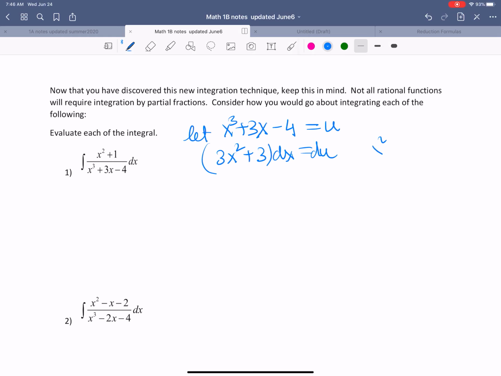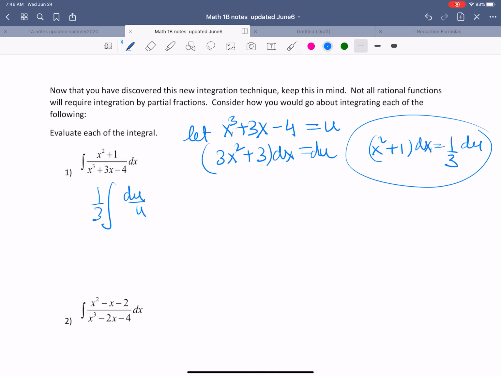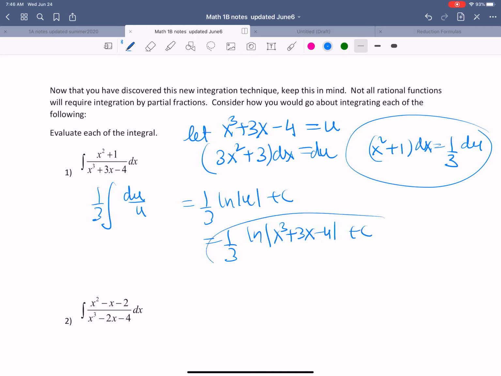So x squared plus 1 dx will be 1/3 du in this case. And then from there, you have 1/3 du over u, which is 1/3 natural log of u plus c. And that's 1/3 natural log of, let's plug in u as whatever we called it in the beginning.